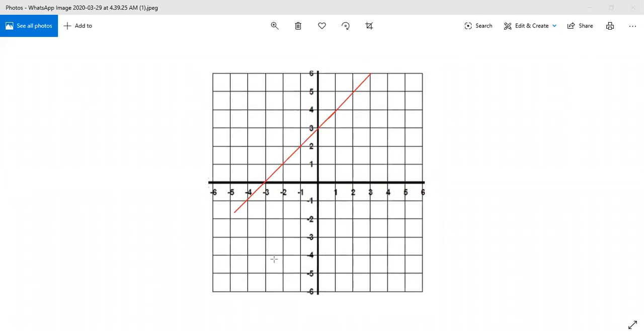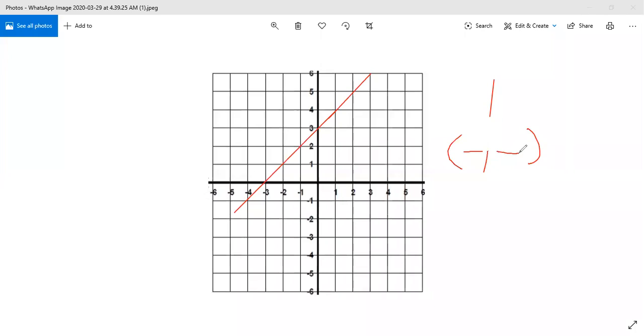It's 3. So we don't have a point named 3. The point must have an x coordinate and a y coordinate, so it must be 2 numbers.